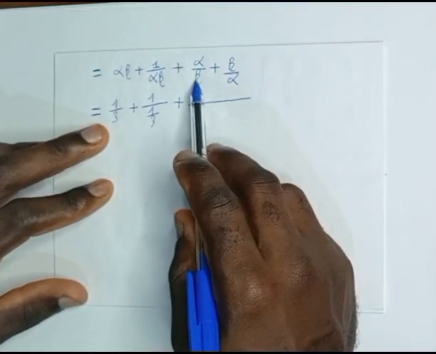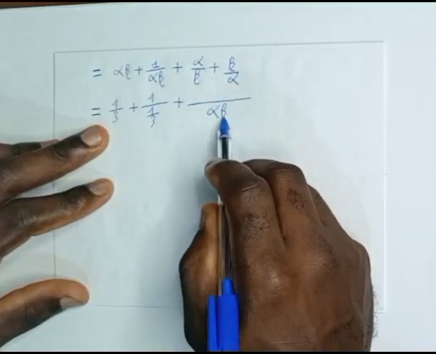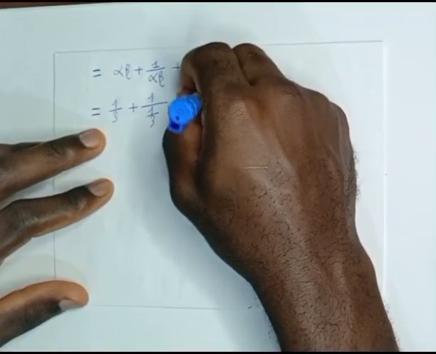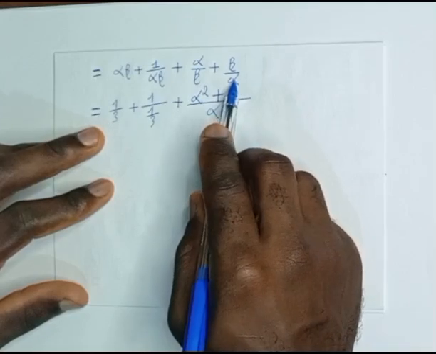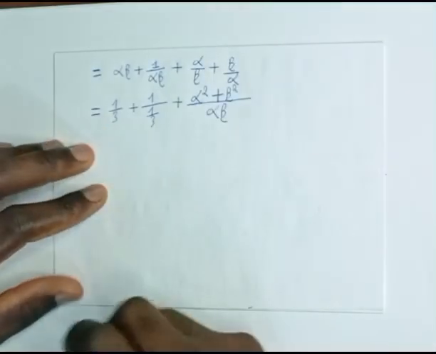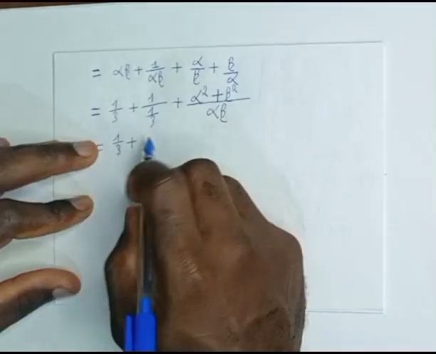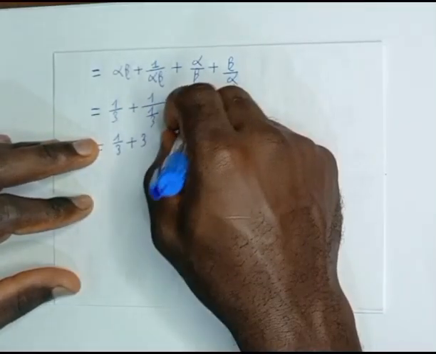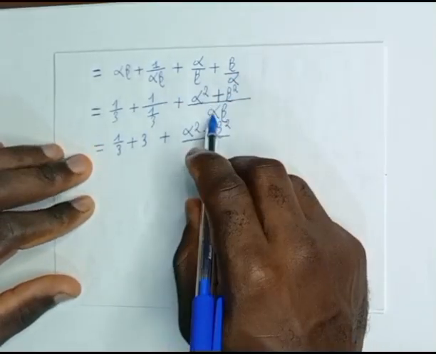The LCM of beta and alpha is alpha beta. Alpha beta divided by beta gives us alpha, alpha times alpha gives alpha squared, plus alpha beta divided by alpha gives us beta, times beta gives us beta squared. This will simply be equal to 1/3 plus the reciprocal of 1/3, which gives us 3, plus alpha squared plus beta squared all over alpha beta.